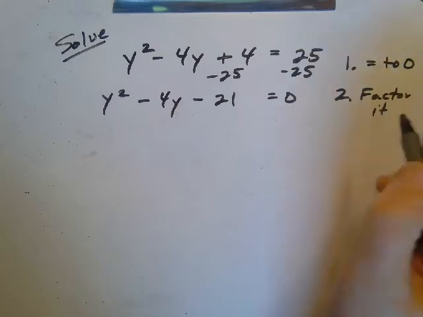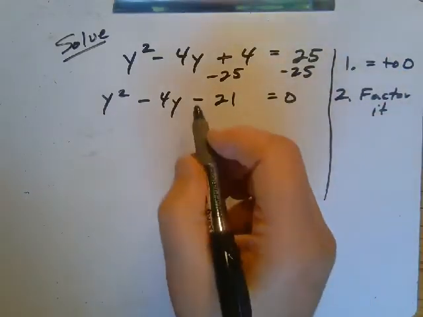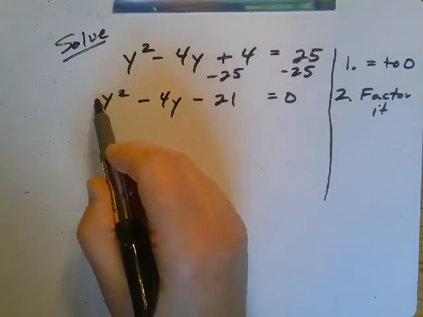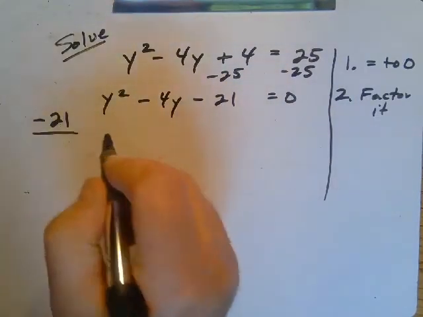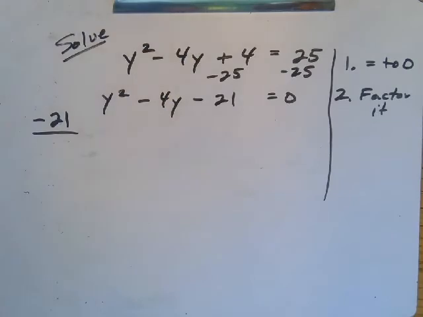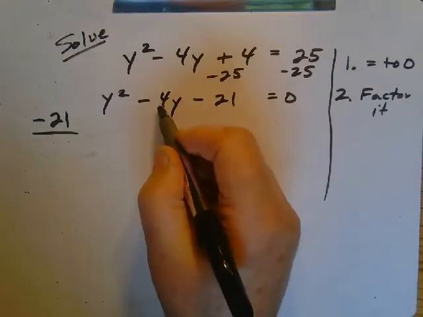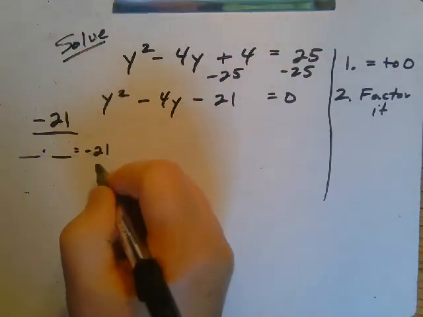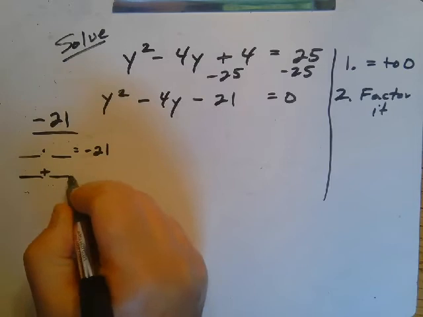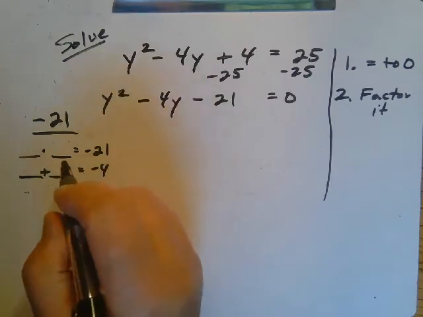Okay. So, let's see. 1 times negative 21 is negative 21. What two numbers will give me negative 21 when I multiply and negative 4 when I add? So what times what gives me negative 21, and what plus what will give me negative 4?